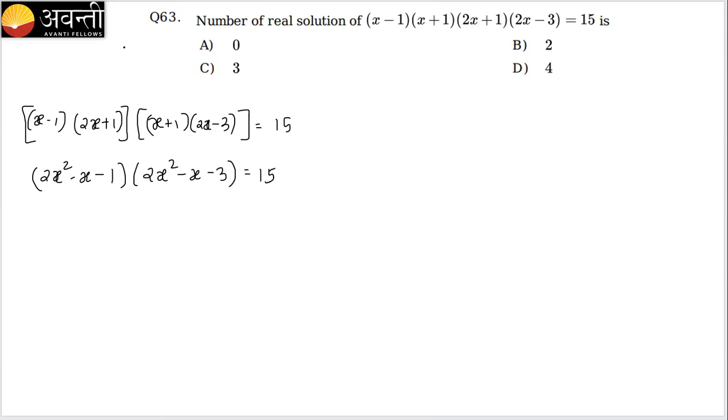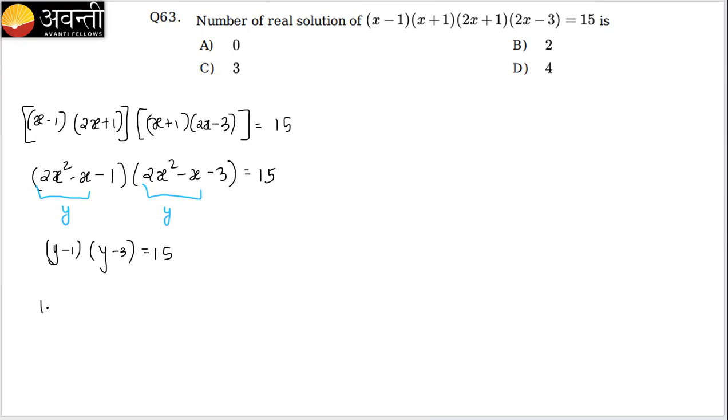Now this question has become an equation reducible to quadratic. Now let us assume 2x square minus x as y. So my equation will now become y minus 1 into y minus 3 is equal to 15.